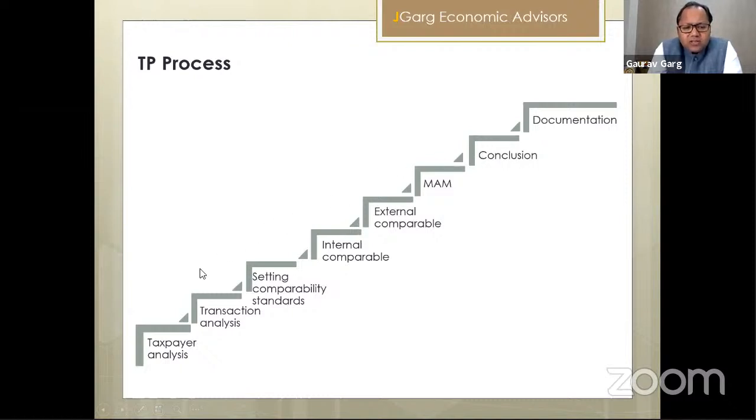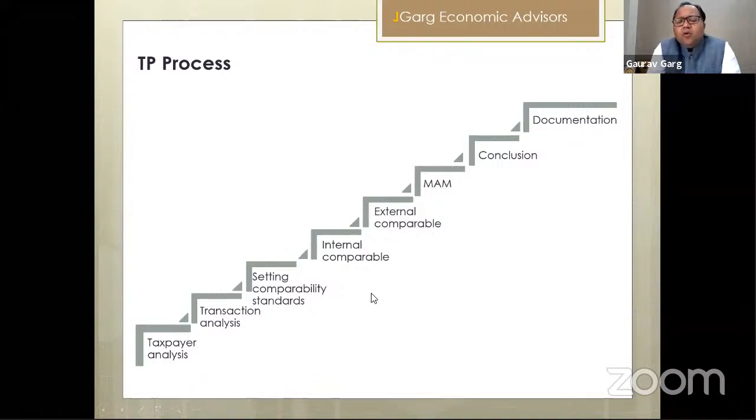When you document this entire process, we get a TP study, and this process which I have shared with you is primarily for the local file. We have three types of documents I'm going to cover, but just for the sake, because we are in this step: this TP process is directly related to your local file or the local TP study that one needs to prepare.